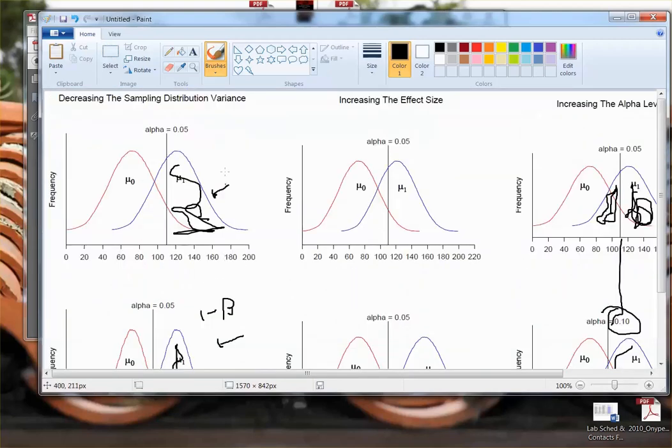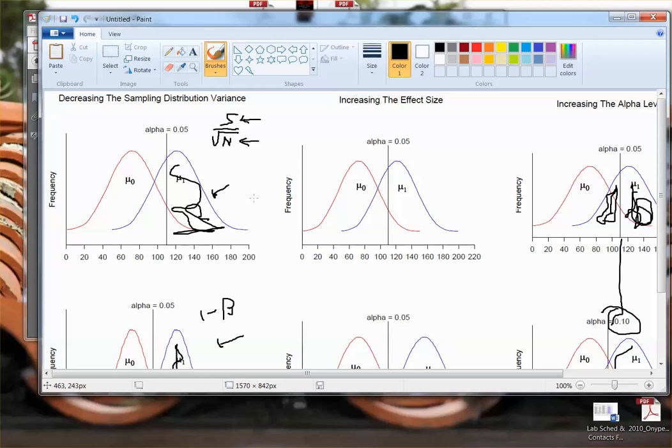Also remember our measure here is the standard error of the mean. So one thing we can do, which I just mentioned, is decrease our experimental variability by controlling variables. The other thing we can do is increase n, and that will also do the same thing by shrinking our sampling distribution variance.